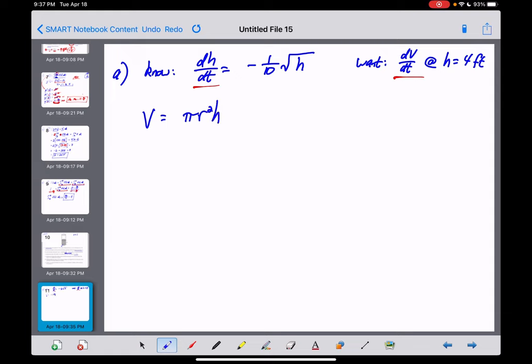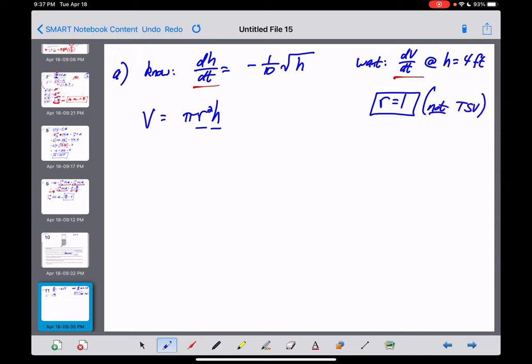Now, what was often the case when we did these problems back in 3.10 is that you knew either dr/dt or dh/dt, but not both. But what we can take advantage of here is the fact that in this tank, the radius of water is always equal to 1. That is a constant value, which means that it is not a time-specific value.